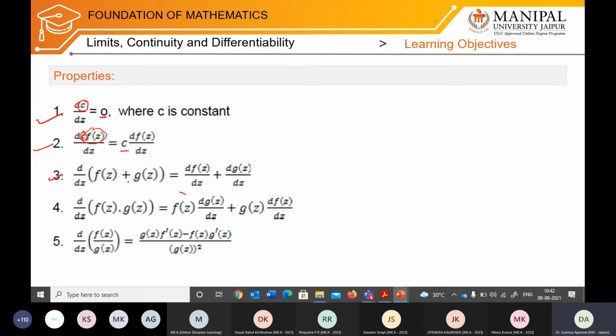This is the property for addition as well as subtraction, multiplication and quotient. These properties are the same as in differentiation. The only difference is that here f(z) and g(z) are now complex functions.